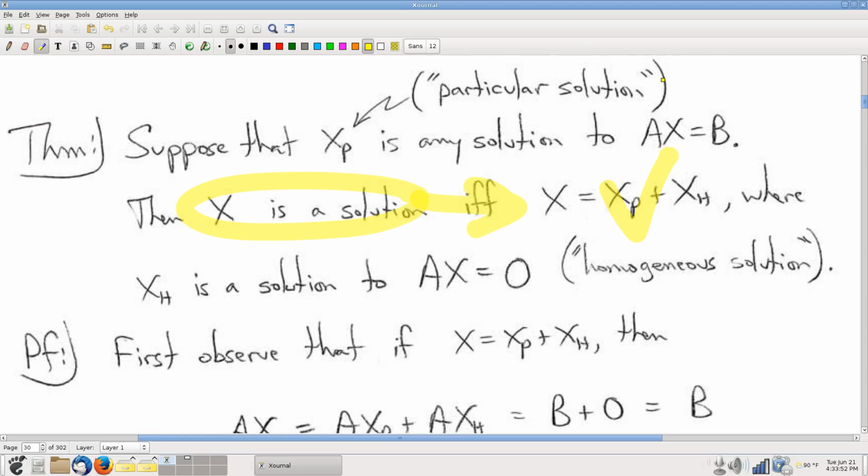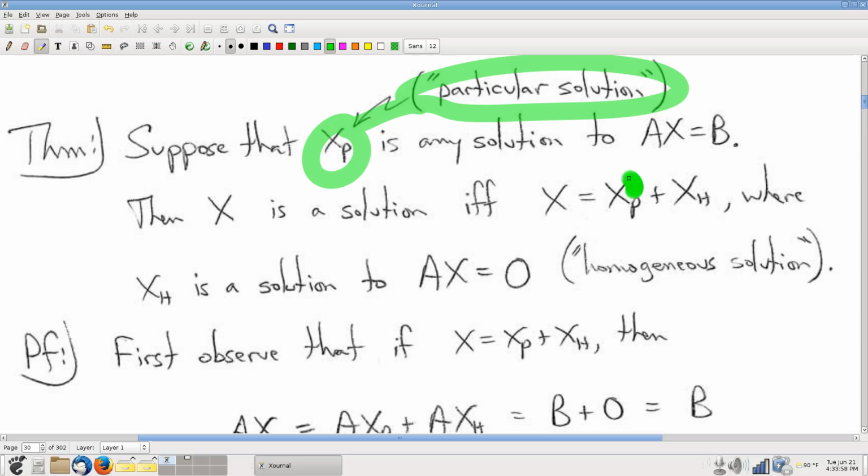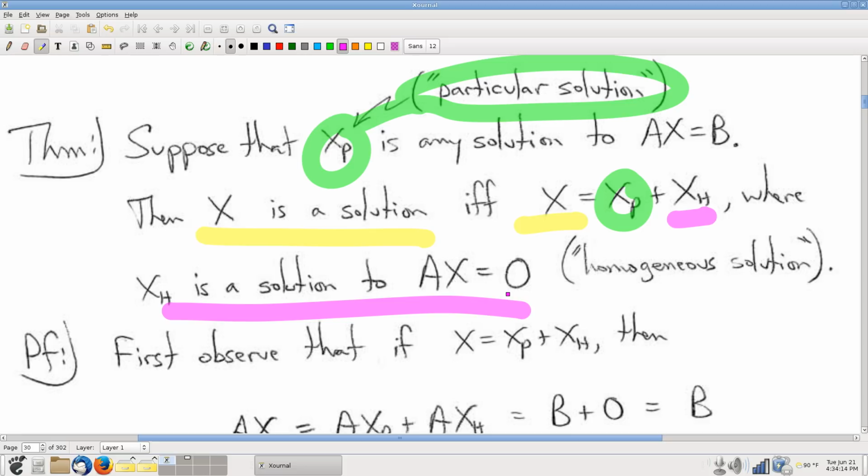So, neat fact: this one particular solution, this one xp, gives you a relationship between all solutions to the original system you're interested in and homogeneous solutions, namely solutions to this related homogeneous system. So it's a really interesting fact.